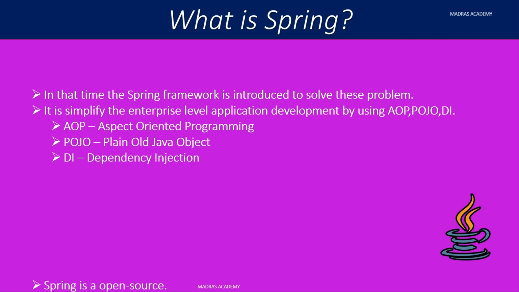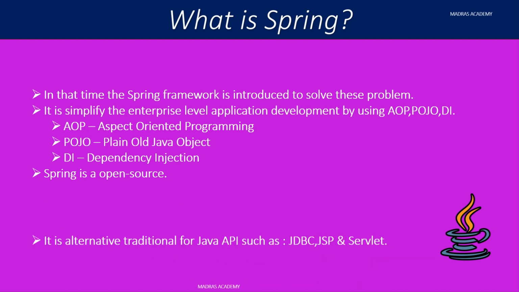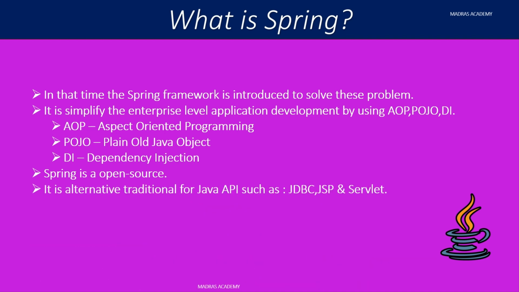Now Spring is open source and it is an alternative to Java APIs. API means application programming interface, such as JDBC, Servlet and JSP.